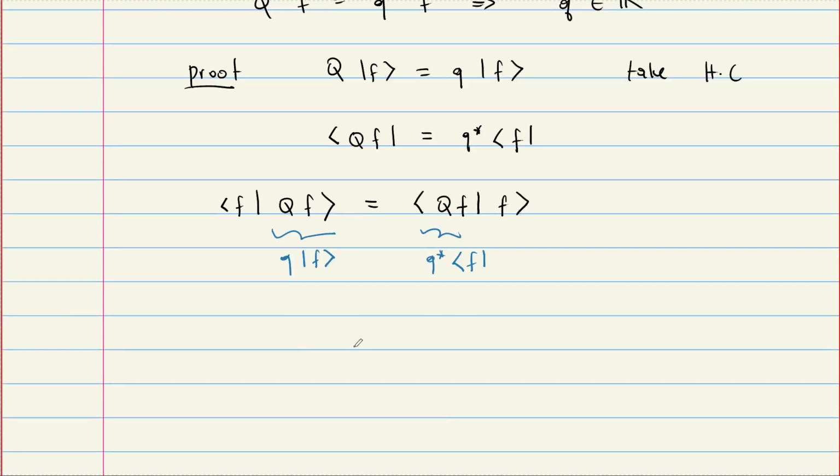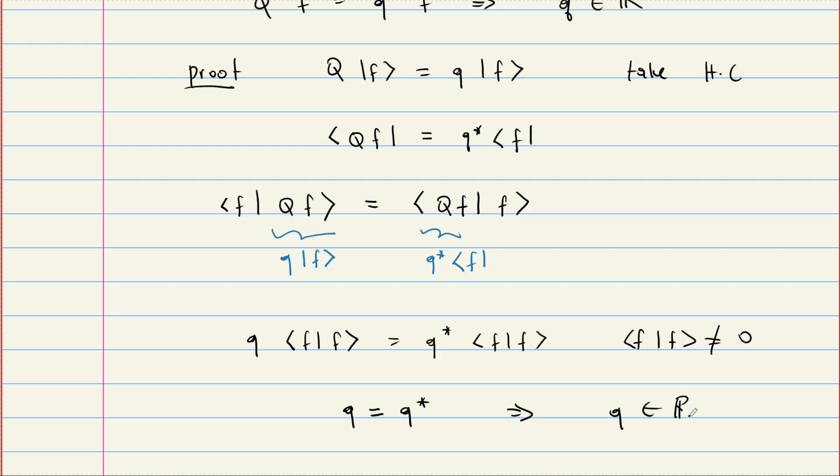Therefore, this side is q times the inner product of f with f, and this side is q star times the inner product of f with f. From here we know f is non-zero. We are looking for non-trivial solutions. From here we find q is equal to q star. Therefore, q is real.